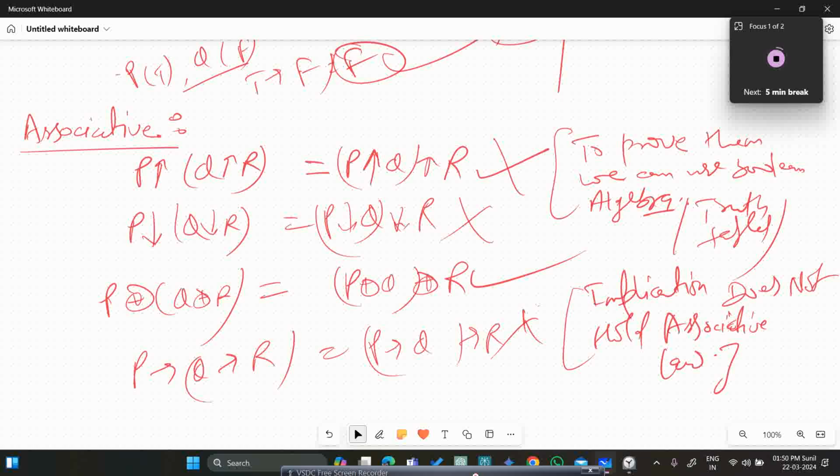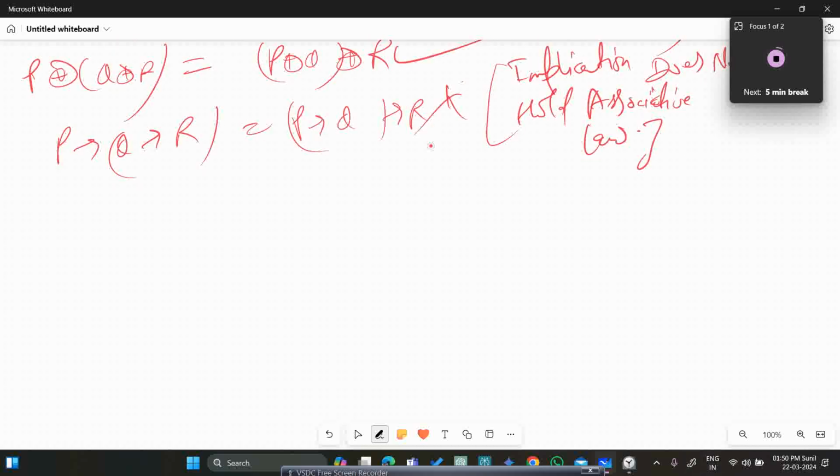Example: implication is distributive over or. Question 1: is the implication operator distributive over OR?